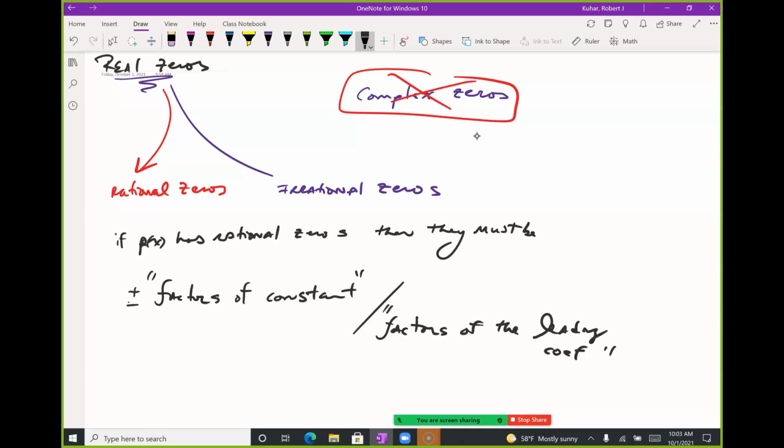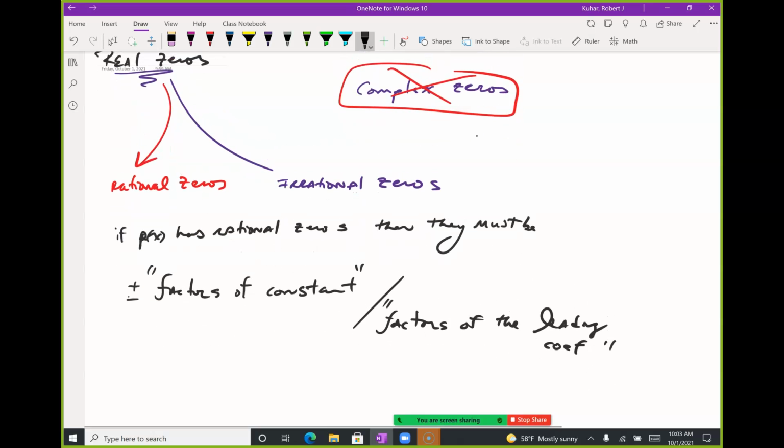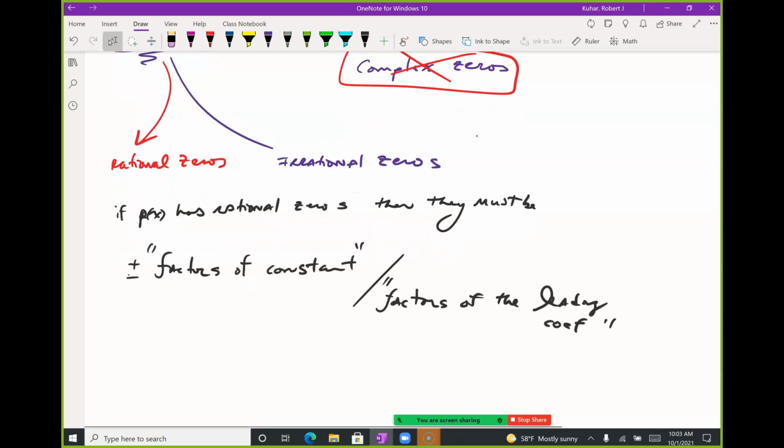So, for example, the one we just had, right? Remind me. I had x to the fourth plus 4x cubed plus 2x squared minus x plus 6.